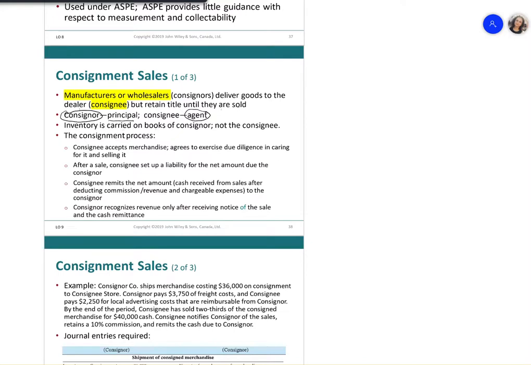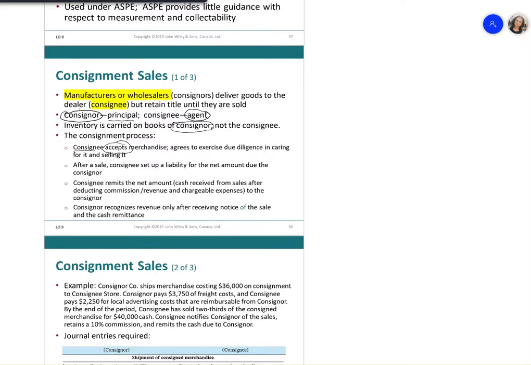Inventory is carried on the books of the consignor. The wholesaler or the manufacturer records it on their books, not the consignee. The consignee accepts the merchandise and agrees to exercise due diligence in caring for and selling it.